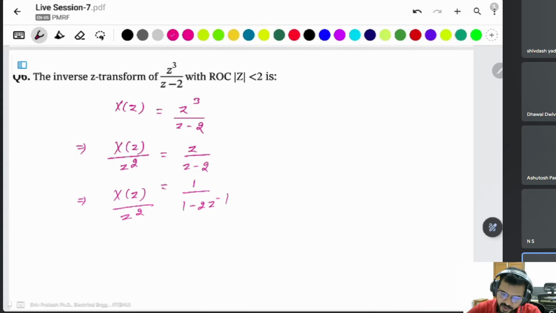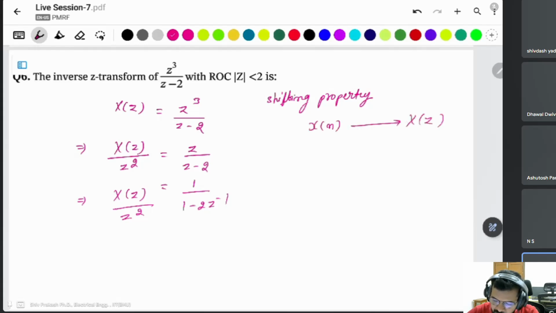This is again the shifting property. If any time domain function has a Z transform of X(Z), and if there is a delay by a value of n naught in time, then Z to the power of n naught is there in the Z domain.